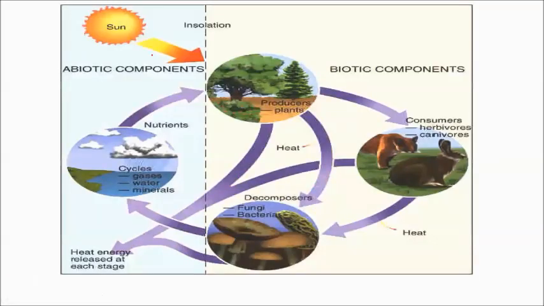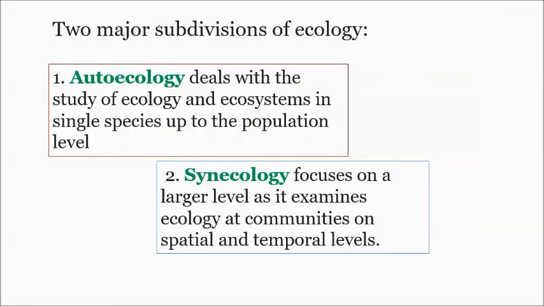Okay. So, sa right side, we have biotic components, meaning living things. Abiotic, non-living. So, in an ecosystem, and of course, with the primary source of energy, the sun.